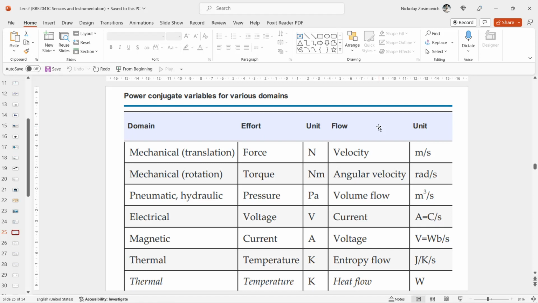Another classification is with respect to cause and effect. In this case, output variables are related to input variables according to the physics of the system. Input variables can bring a system into a particular state, which is represented by its output variable. So, output variables depend on the input variable. Independent variables are applied from an external source to the system, and dependent variables are the responses of the system to the input variable.